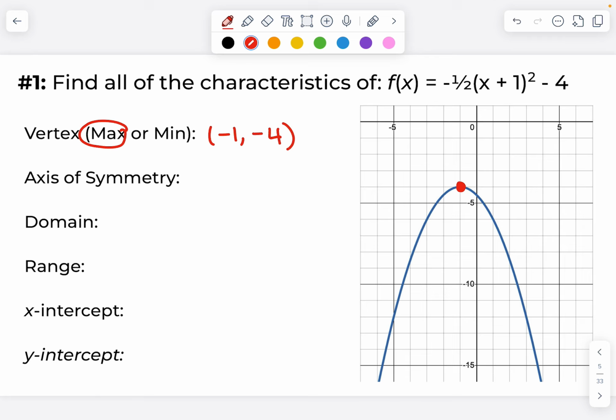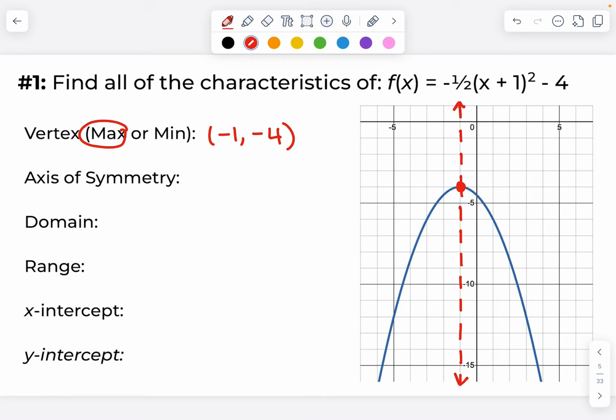This is going to be that max point that we reach on our graph. Our axis of symmetry, I'm going to do it in the same color red because the vertex and the axis of symmetry go hand in hand, y'all. If you have one, that can help you with the other.